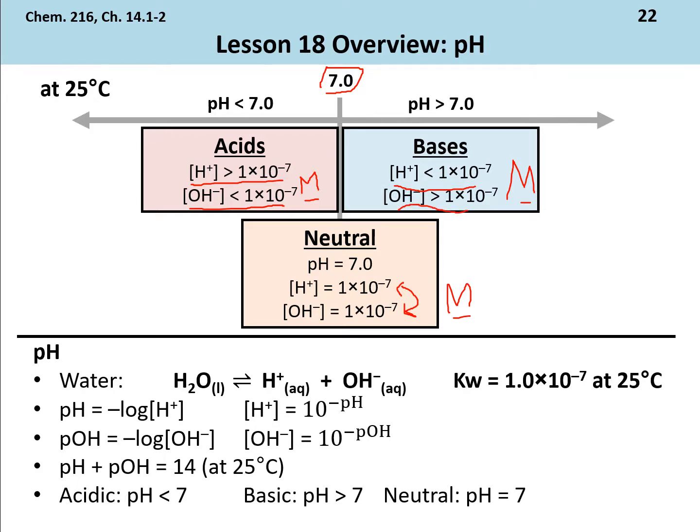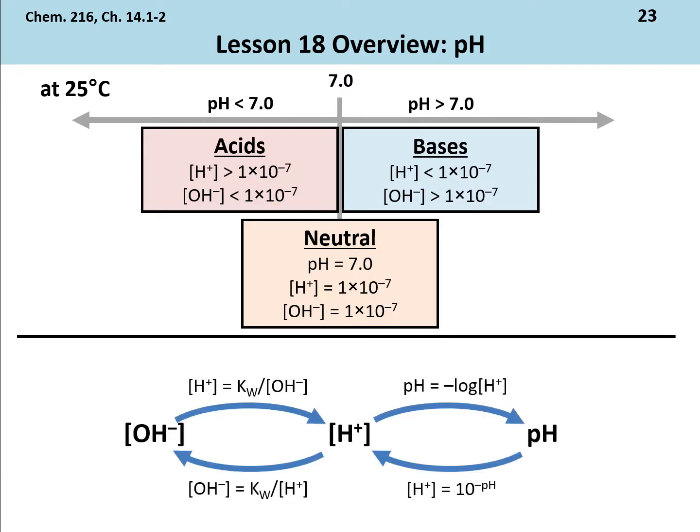We have these equations down here that relate H plus, pH, pOH, and OH minus. Know how to use them all. And one of the key things is this water ionization, which has a Kw of 1 times 10 to the negative 14. This is that chart that I talked to you about. If you have a pH, you use this equation to get H plus, and then you can use this equation to get OH minus.